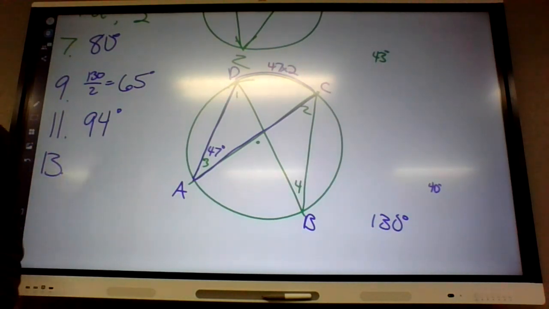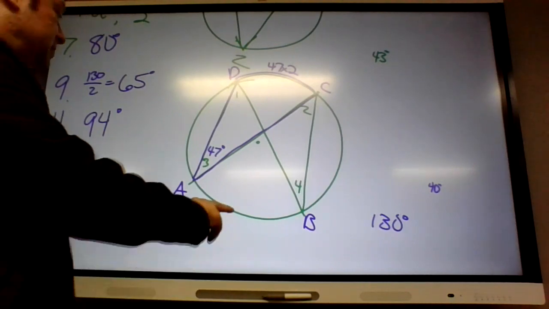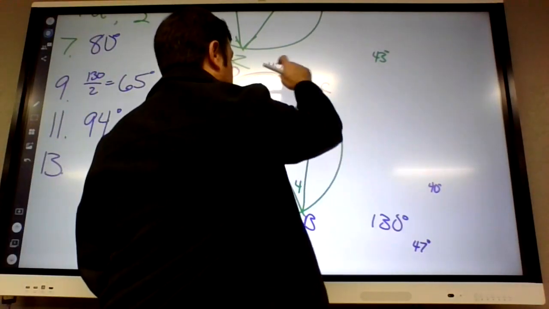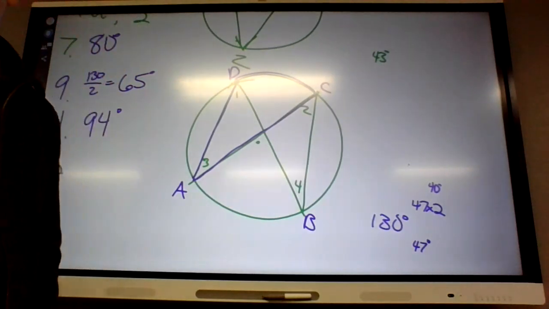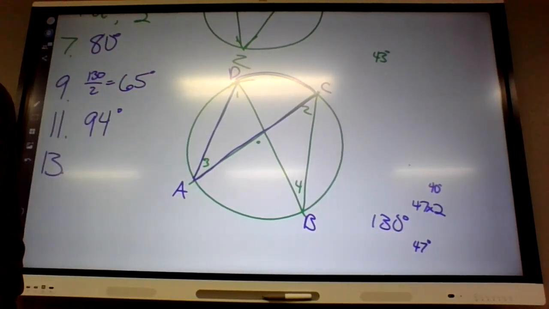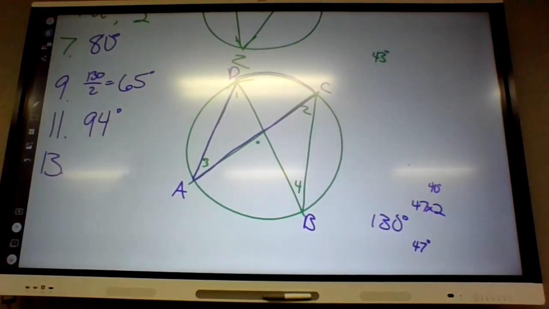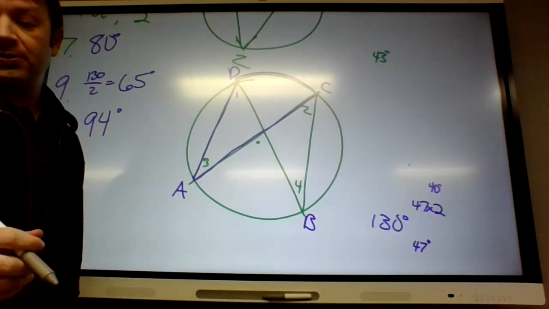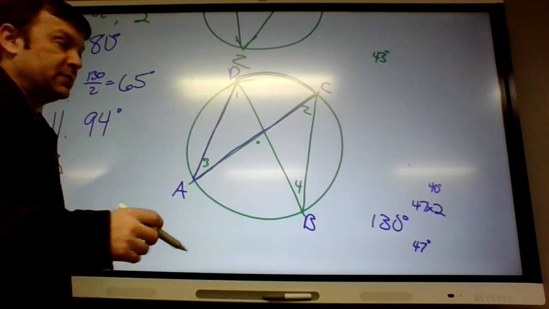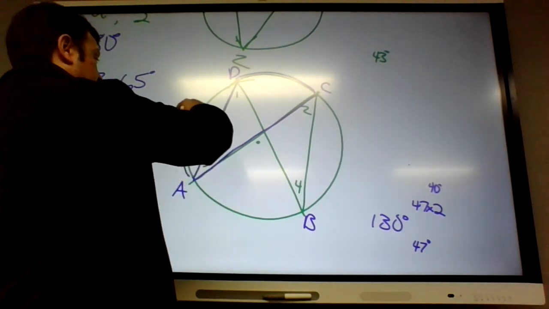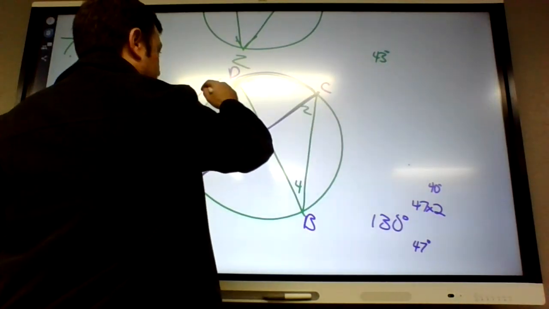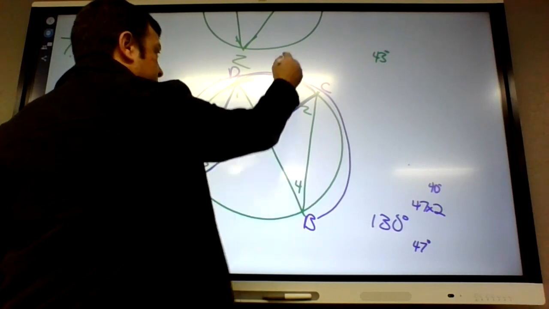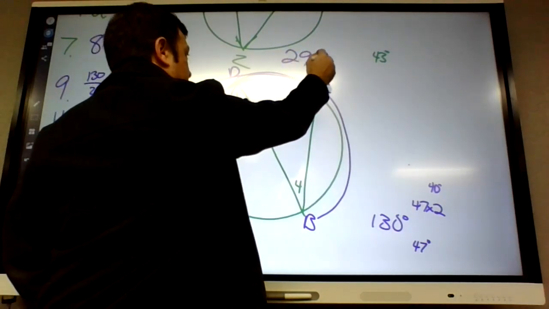Number 13. Okay, let's get rid of those guys. Okay, arc ADB. So it's a major arc going long ways around, it's more than half the circle, so it's got to be more than, oh, they tell us what it is, 290. Okay, so ADB, like all the way from here, all the way around is 290 degrees.